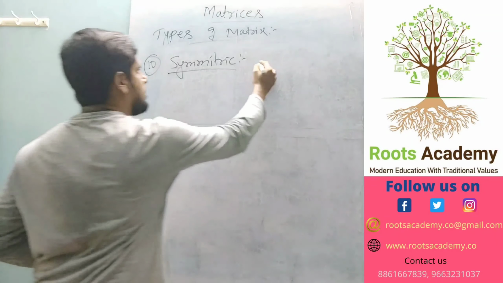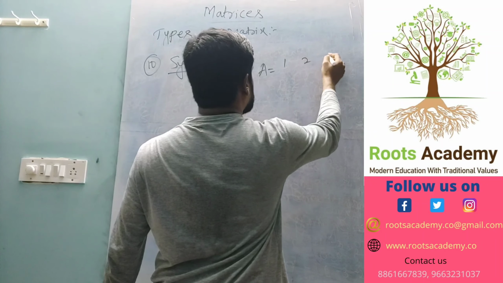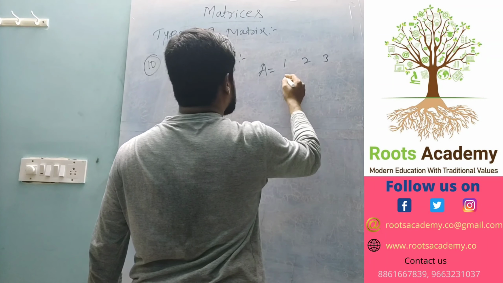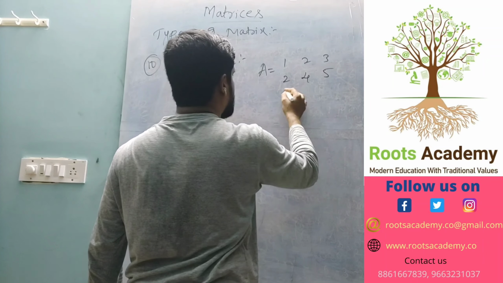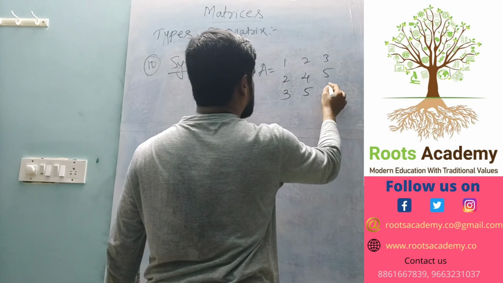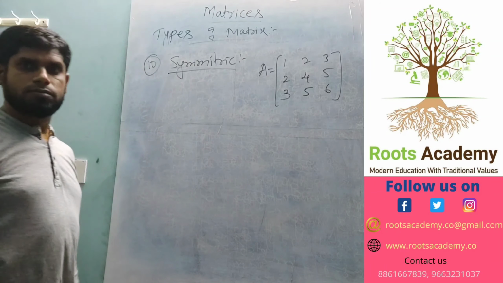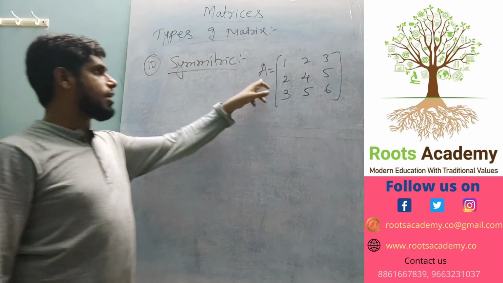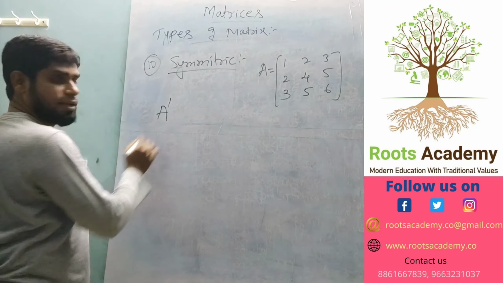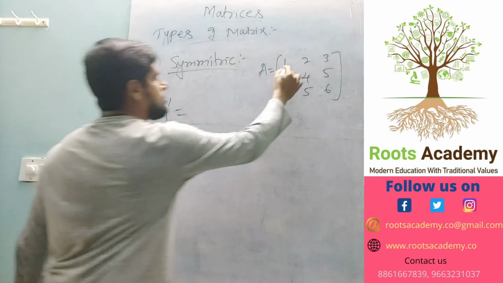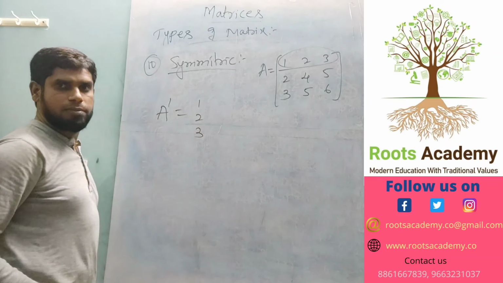Let us check. If I have a matrix 1, 2, 3, 2, 4, 5, 3, 5, 6, let me try to take the transpose of this matrix. Basically, it is represented by A dash. This is the first row, first column.